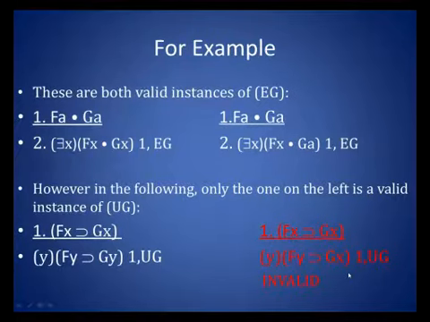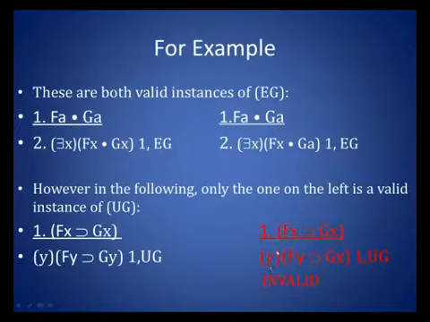Do not do this over here on the right. Hence the reason it's in red and I have this big invalid here. Invalid. Don't do it. Notice what was done here. We had FX implies GX, and we UG'd it to say for all Y, FY implies GX. This breaks one of our major rules because, again, universal generalization requires that we replace every instantial letter with the variable that is in our quantifier.